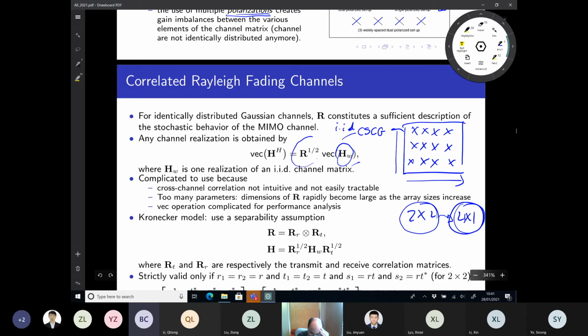And then I multiply by the square root of a correlation matrix. What I'm going to end up with is actually a vector of correlated entries. And so you can map those entries again to your 2x2 matrix. Once you have this vector here, you can map this again to this 2x2 matrix and get your 2x2 matrix, but with correlated entries.